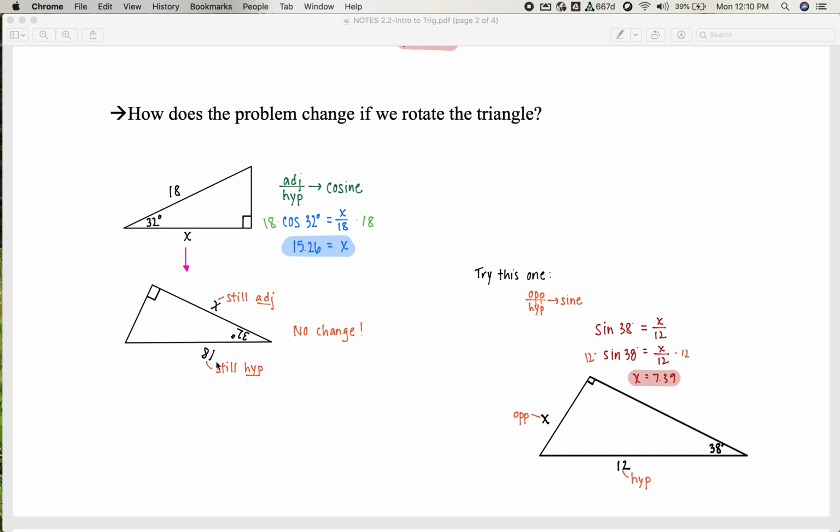So the 18 is still the hypotenuse, the x is still the adjacent, which is my CAH, meaning I would still use cosine, and essentially I would go do the exact same work I had already done up above. The triangle was simply rotated sideways. When you access the notes version of this, the PDF that I posted for you, you might want to try this problem right here, see if you can do it yourself.